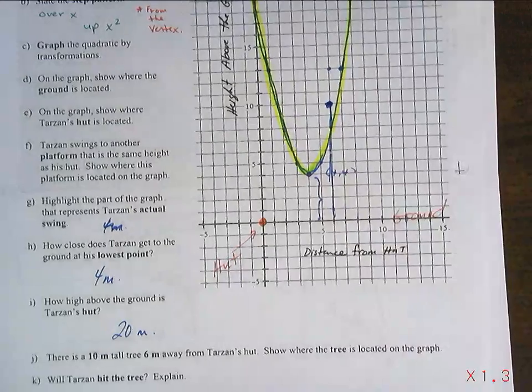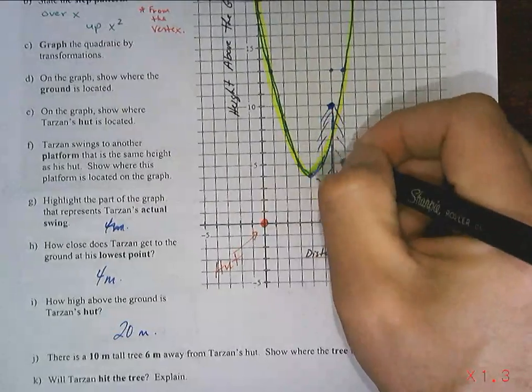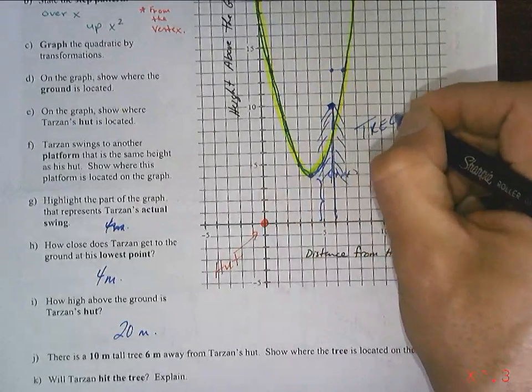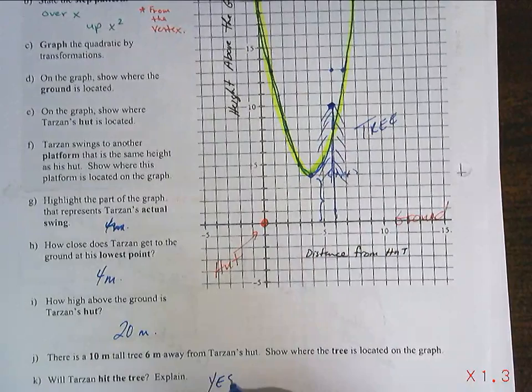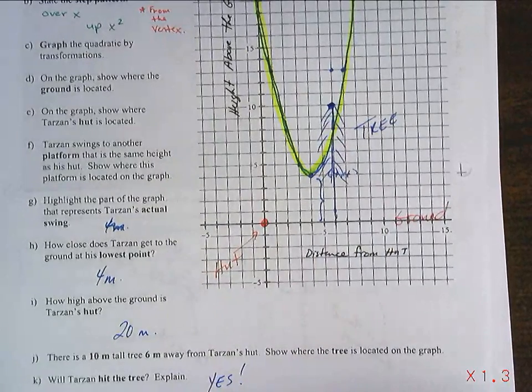We got a tree here. It's probably not a fir tree, but you know. Is Tarzan going to hit the tree? Oh yeah. George of the jungle, dunk. He hits the tree.